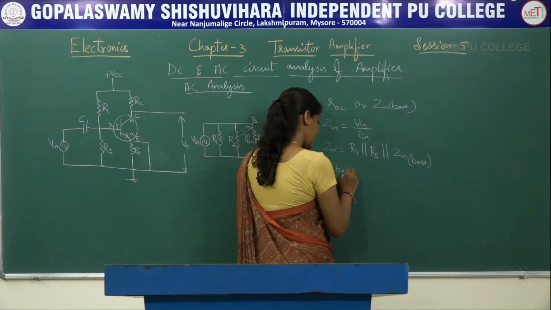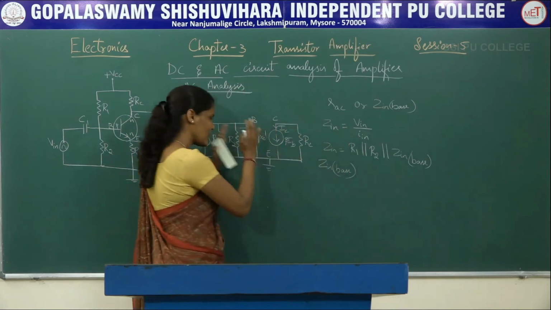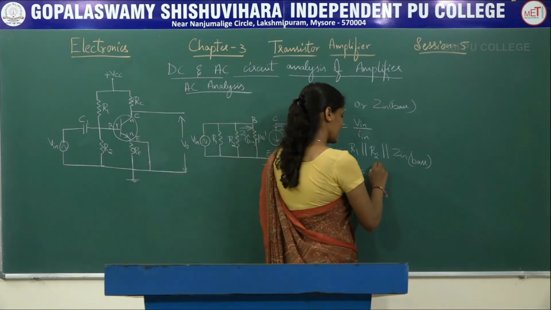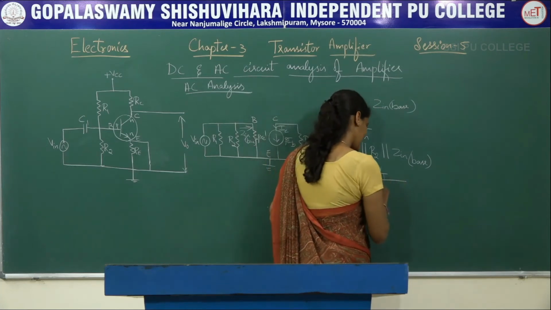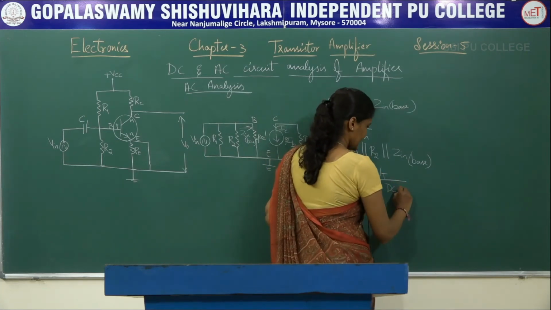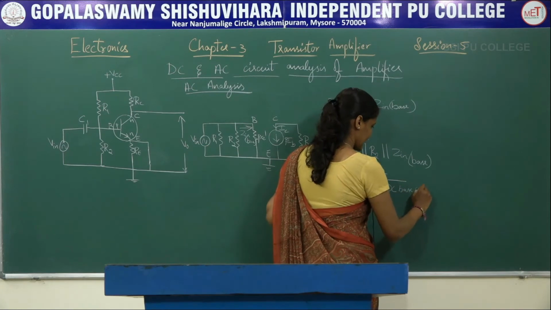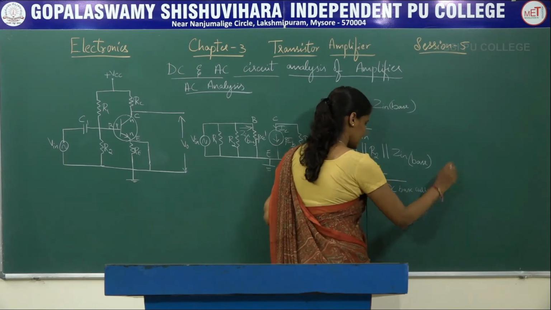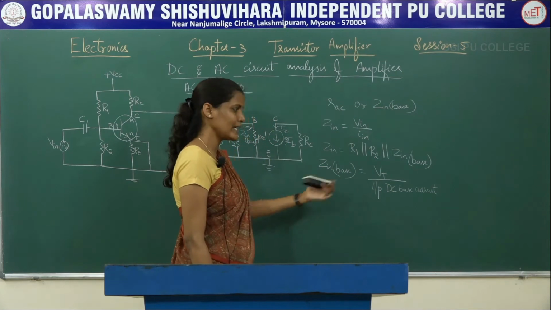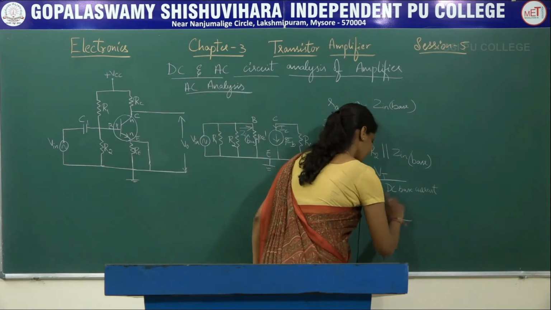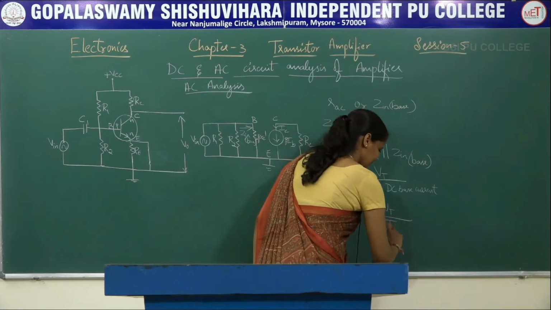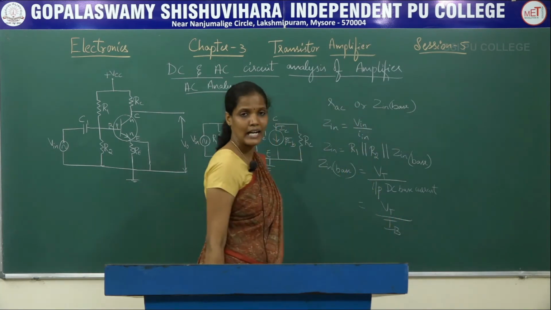Zin base, when looked directly towards the base terminal, is equal to Vt, the thermal voltage, divided by the input DC base current. So Vt divided by the DC base current, that is IB.